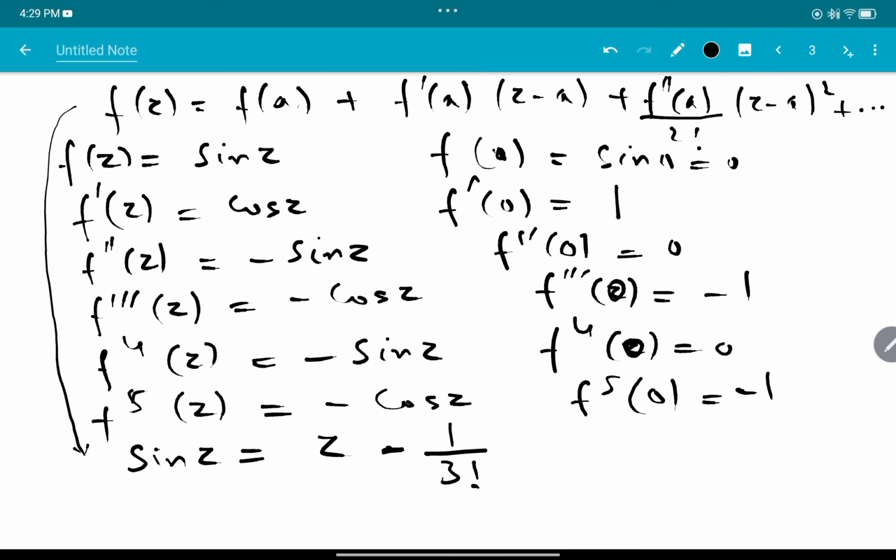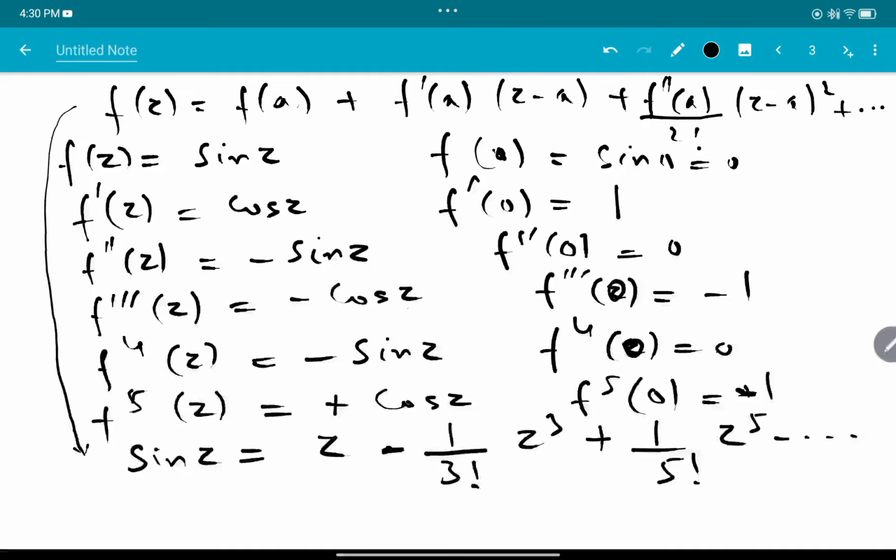Then f4 won't be there because it is 0. Then f5 will be there, and the terms will be alternately positive and negative, so it will be z to the 5 divided by 5 factorial, minus dot dot dot. This is sin z.